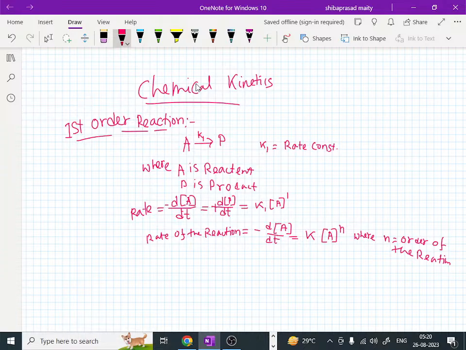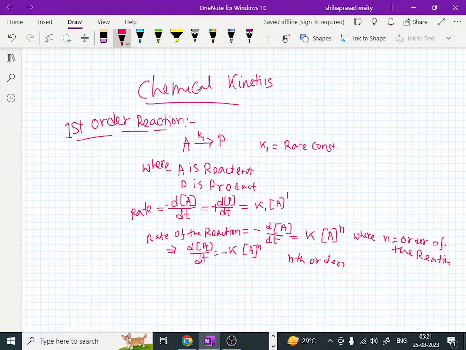So we conclude that dA by dt equals minus rate constant k into A to the power n, the nth order.